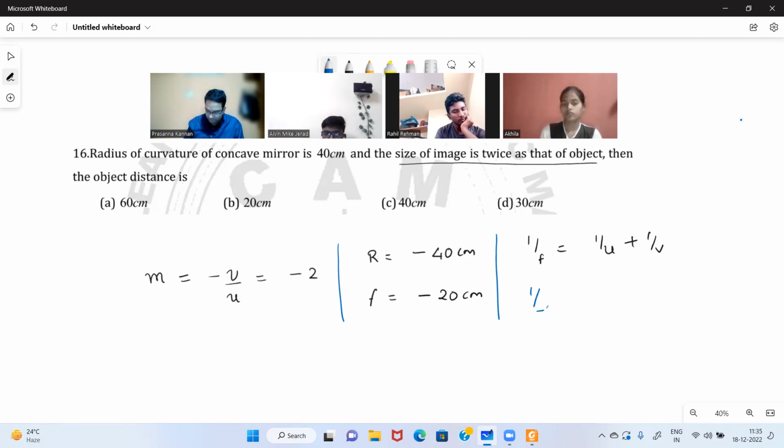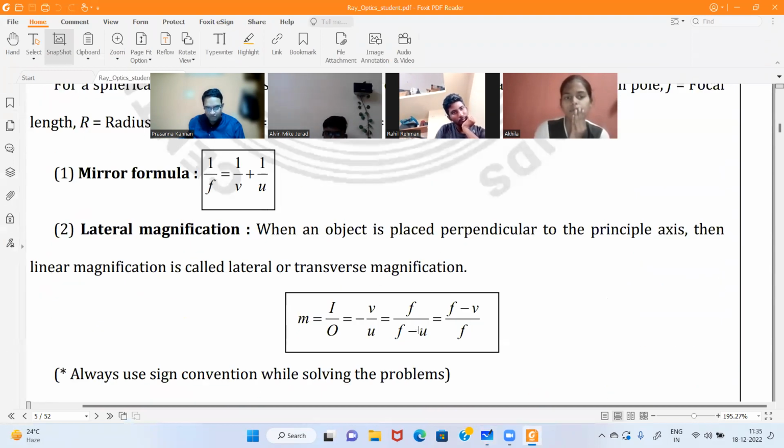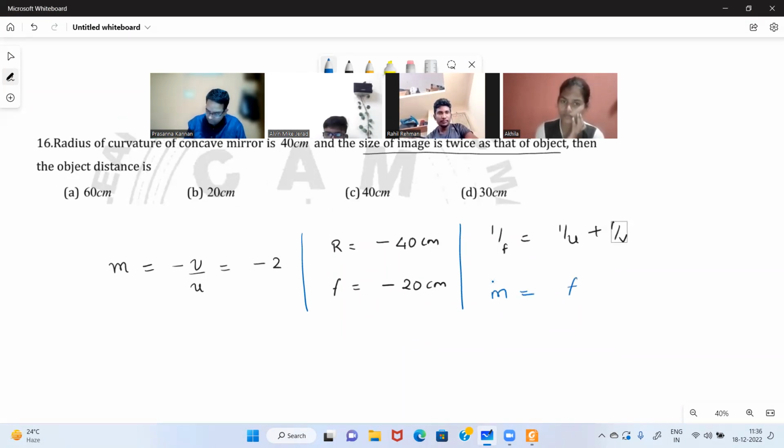So 1 by minus 20 is equal to... either you can use this formula or directly you can use what formula we have seen? If you know u, then directly you can use f by f minus u. So magnification is equal to f by f minus u, directly you can use.